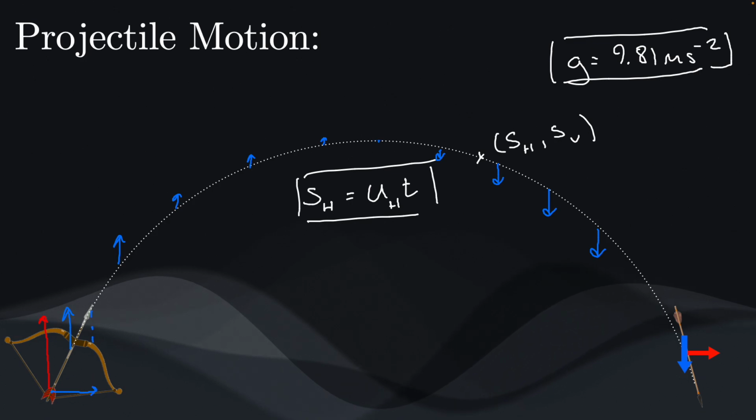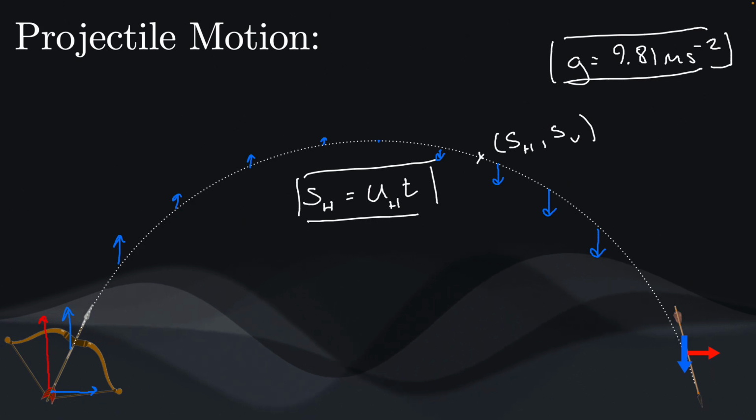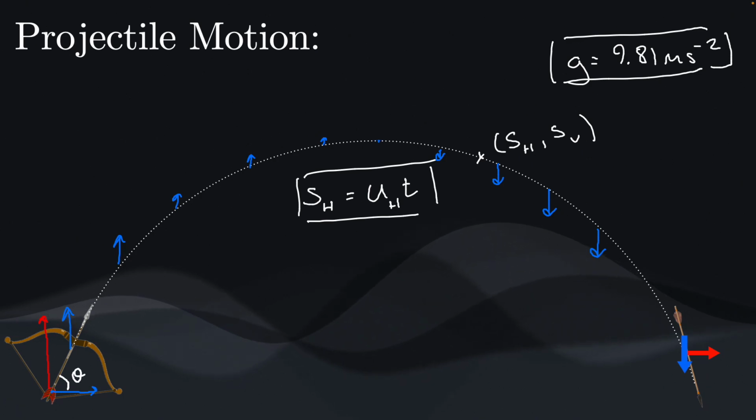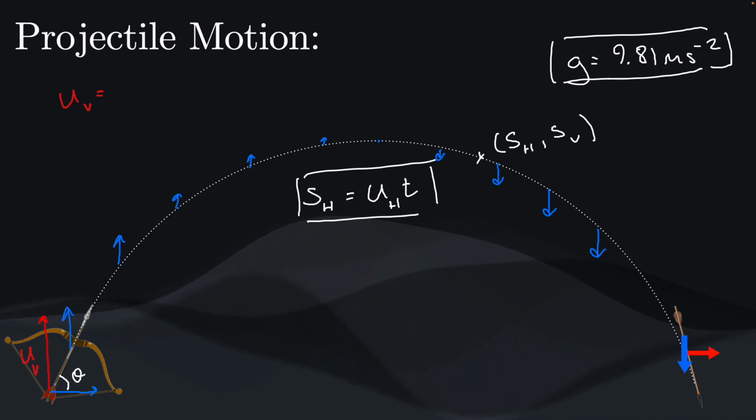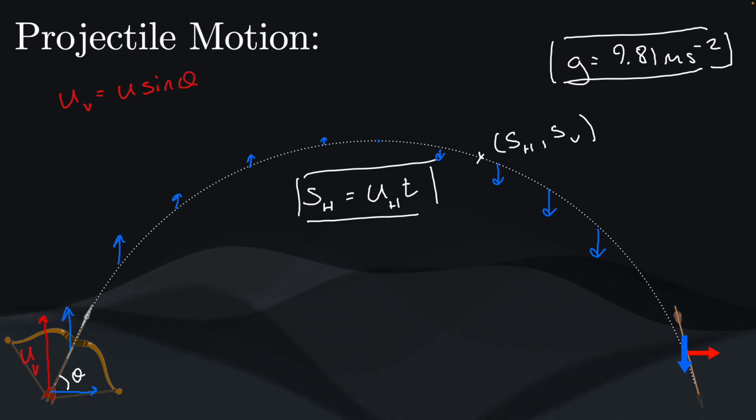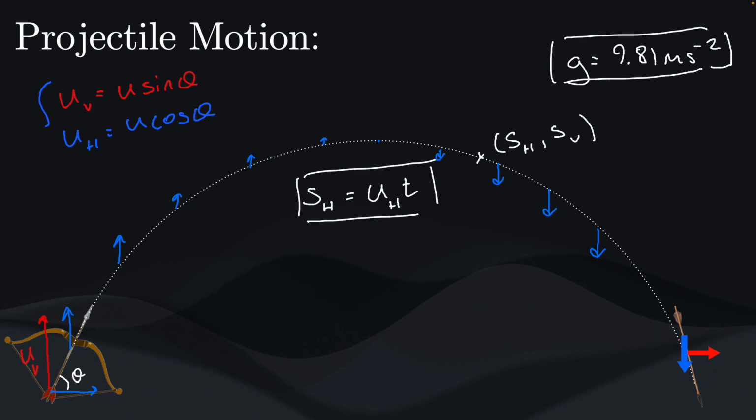If we have the total initial speed u of the arrow and the angle theta that it is launched at, the vertical component is given by u sine theta, and the horizontal one is equal to u cos theta. Very easy, and that's fine.